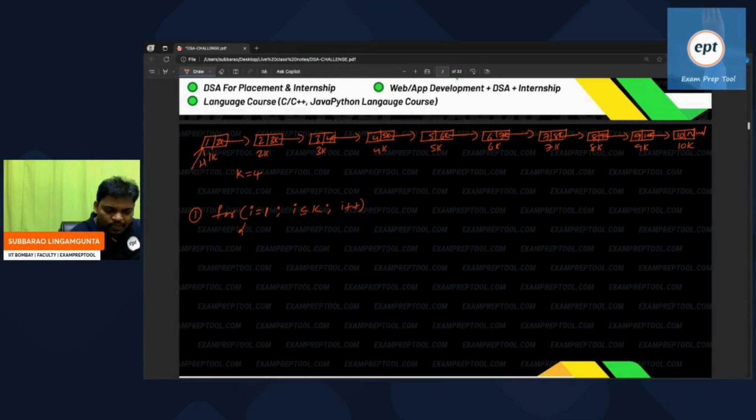Every time you have to check one condition. Before starting, I'm writing head is there. So let us write L is equal to head, or you can say test. Test is equal to head. Now see what I am doing. Test not equal to null.